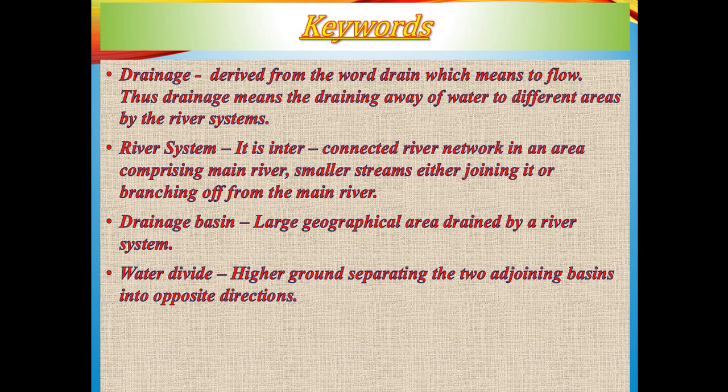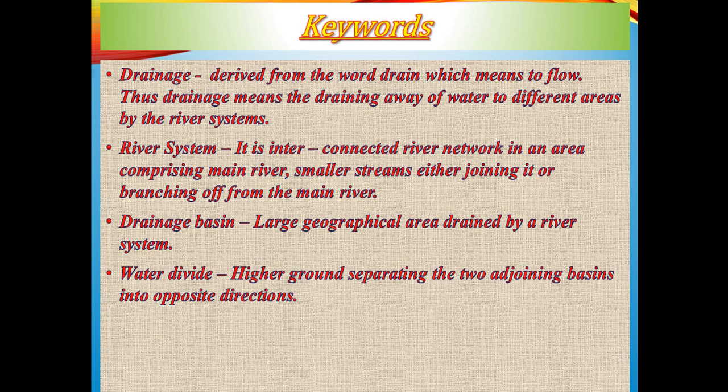But normally the Western Ghat divides the peninsular rivers into two directions. One set originating from the central highland moves towards the Arabian Sea, and another set that originates from the Western Ghat moves towards the Bay of Bengal.